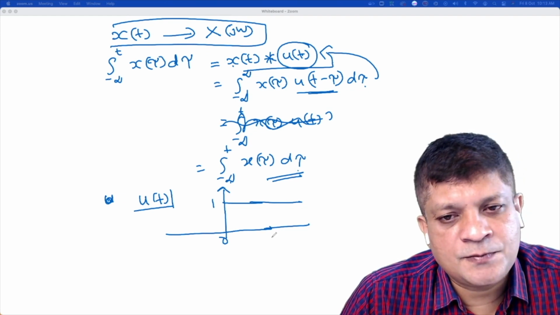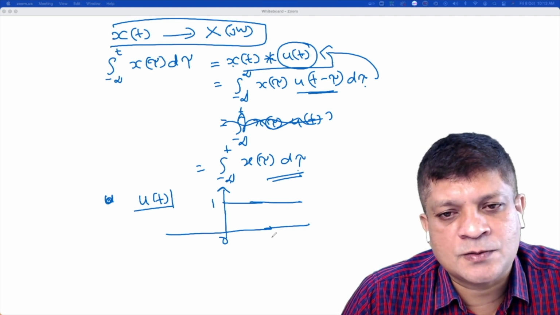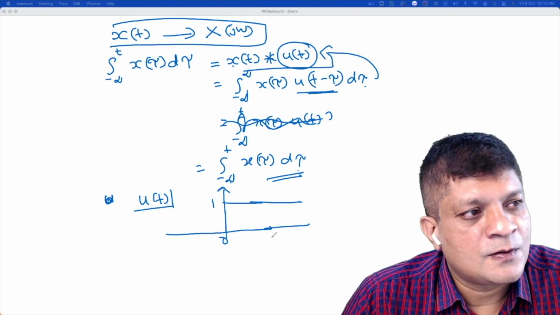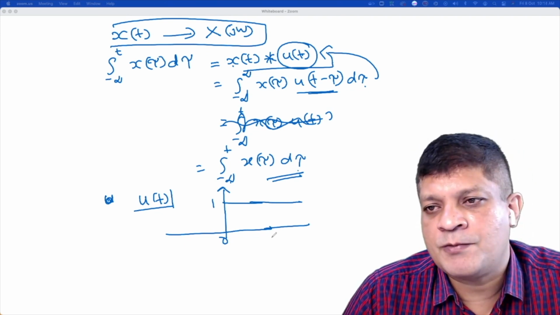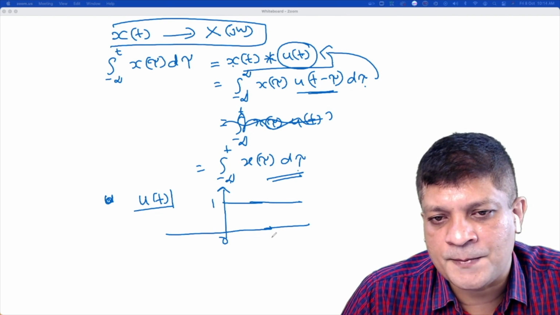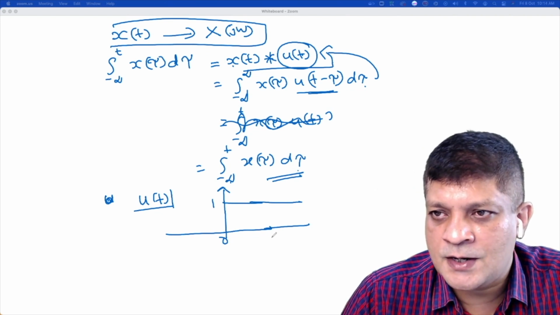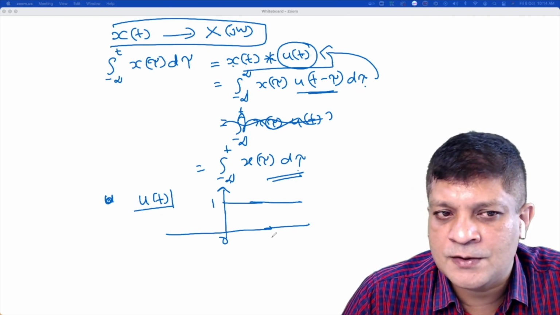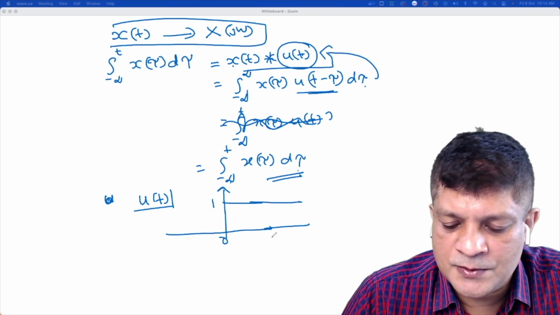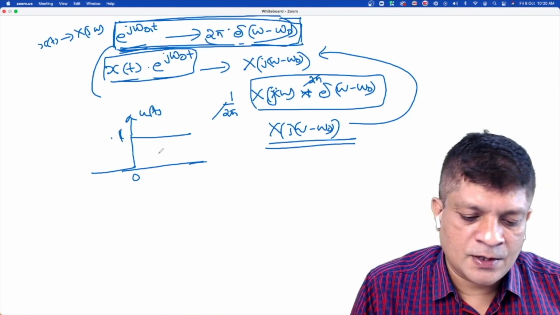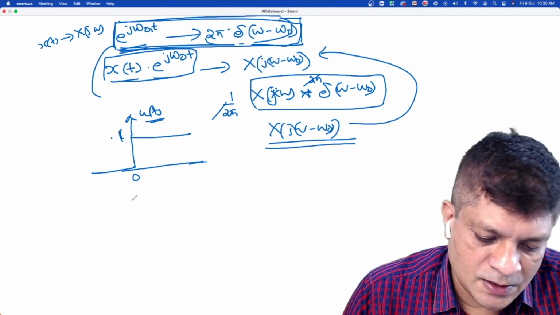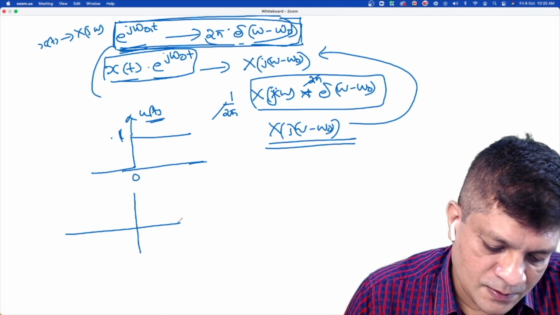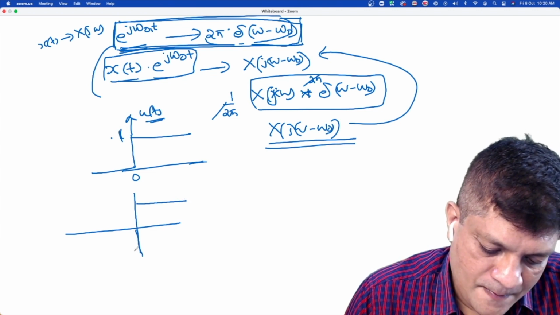What is the condition for existence of the Fourier transform? The signal must be absolutely integrable. This is not a Fourier transformable signal. But in the generalized sense, we can find the Fourier transform of this signal. For finding the Fourier transform of the unit step function in the generalized sense, we start with a signal. I think all of you are aware of this signal.